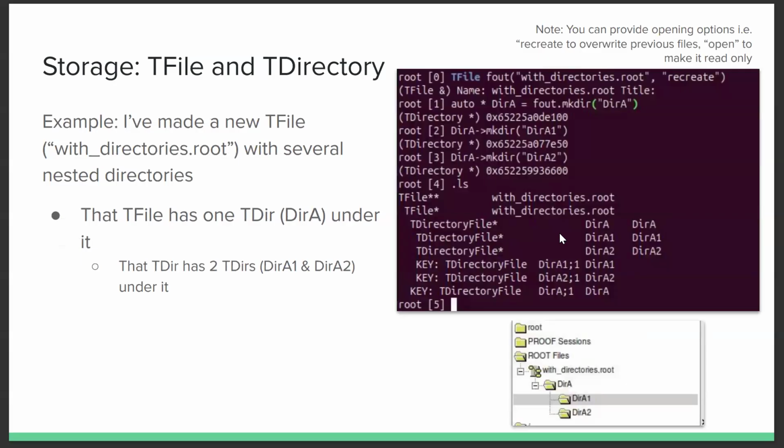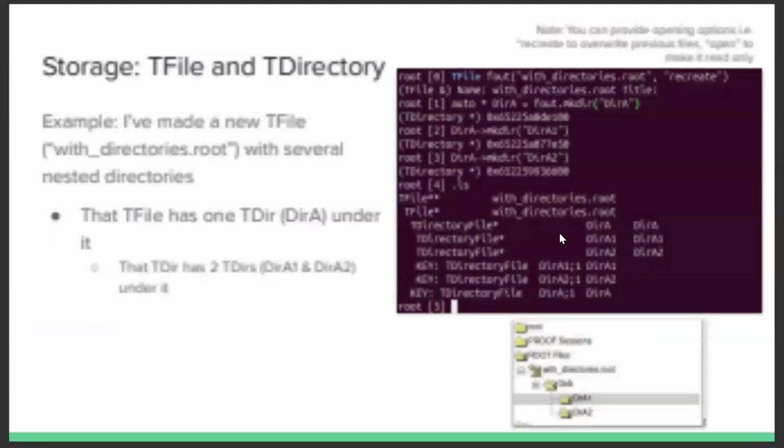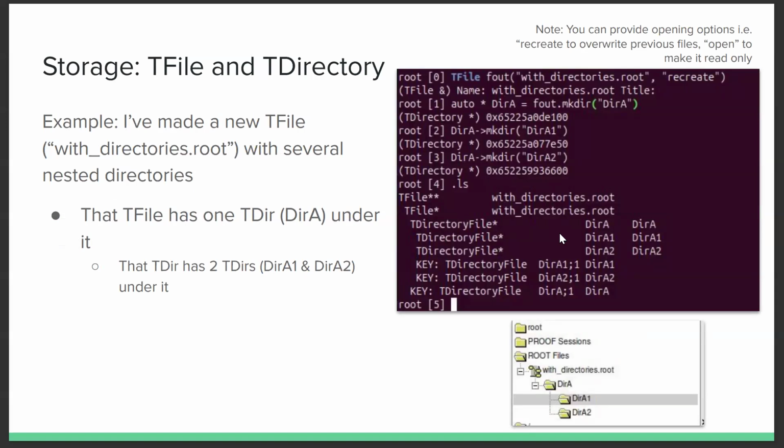Right. So here in this example, I've made a new file. I just call it tfile_with_directories.root. And I've added some nested directories. From the top of the TFile, I've made one directory, just called it dirA.